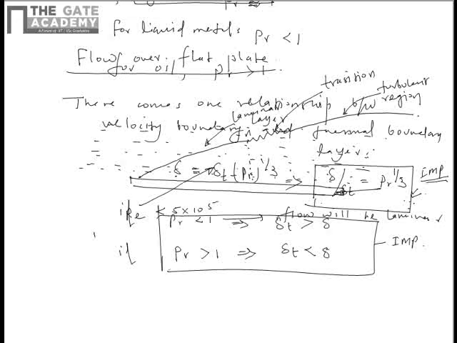If Reynolds number is greater than 5 into 10 to the power 5, flow is turbulent. And this Reynolds number is nothing but rho v x upon mu.